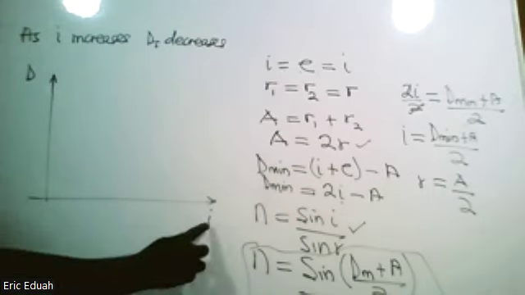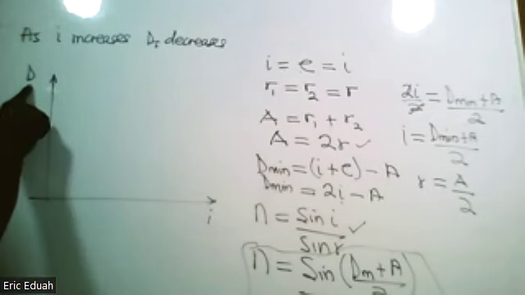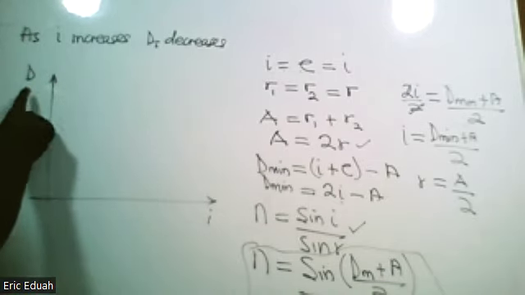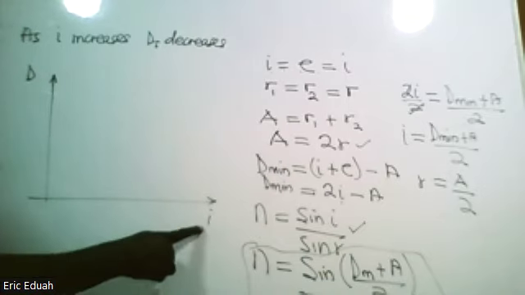Okay, so independent variable and then dependent variable. As i changes, D would also change. So it means that D depends on i.